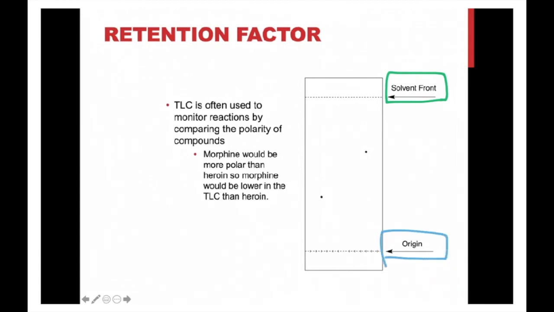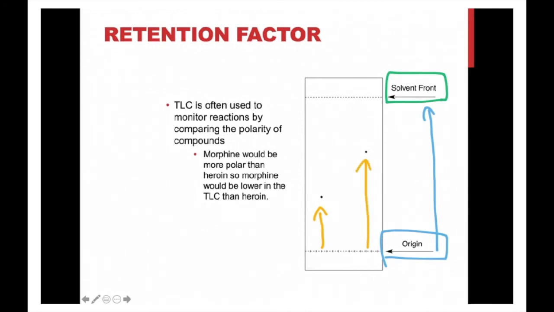This is where you spot your compounds before you put the TLC plate in the solvent. So the height you measure that the solvent traveled is from the origin up to the solvent front. The height you measure for how far the compounds traveled is from the origin up to that spot.